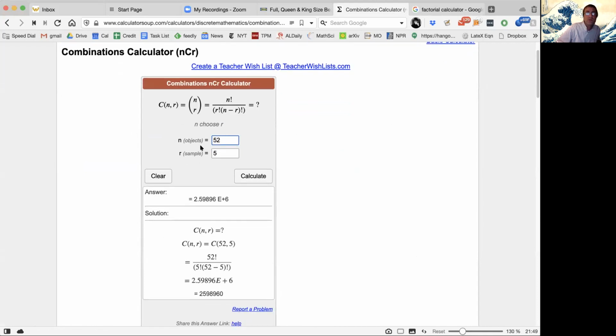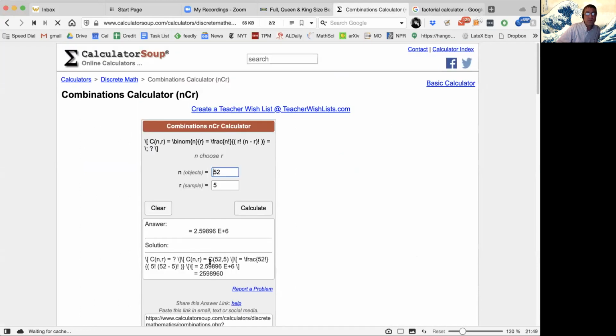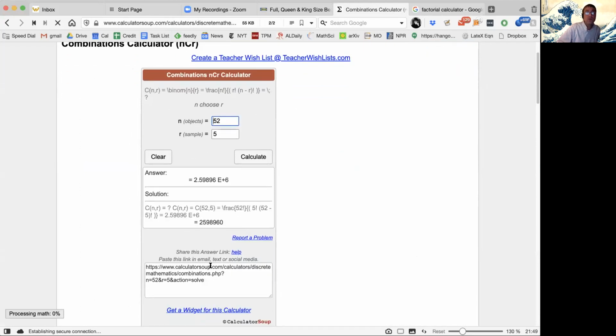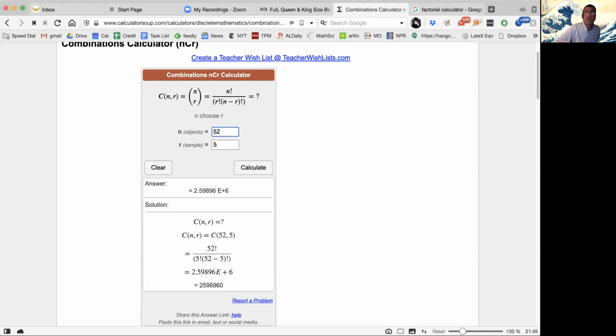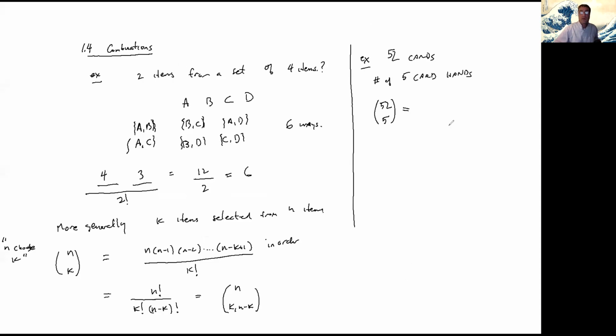So the number of objects is 52, and R, which I'm calling k, is 5. So I calculate, and I get the solution, 2,598,960. Okay, so let's go back to our whiteboard. So this is 2,598,960 possibilities for a 5-card hand.